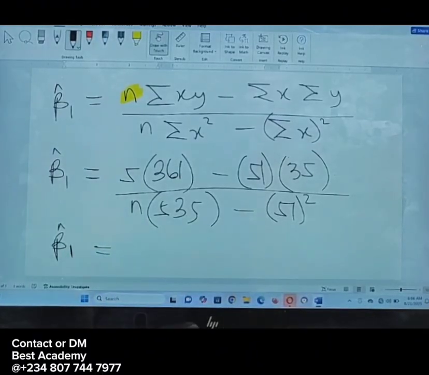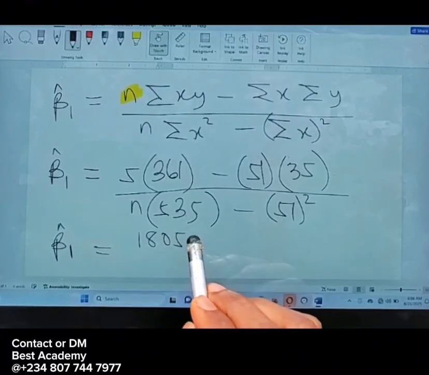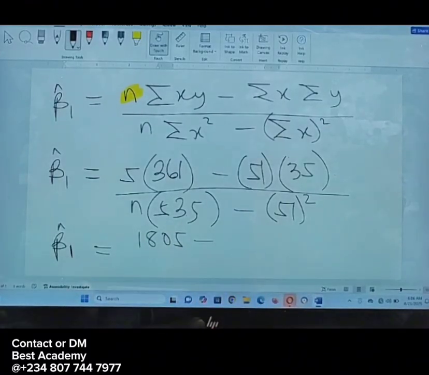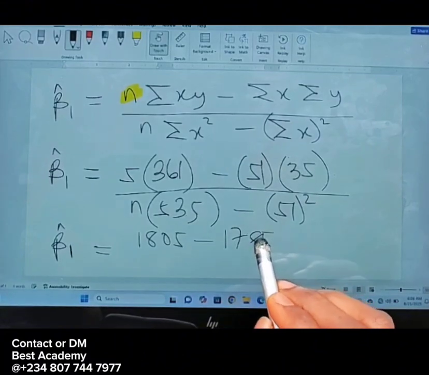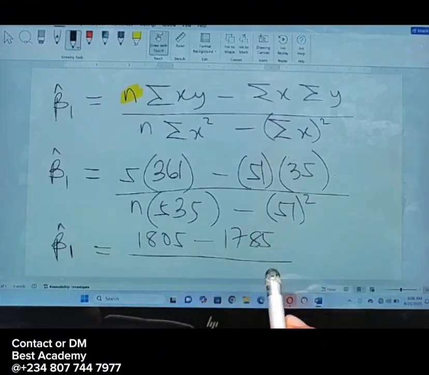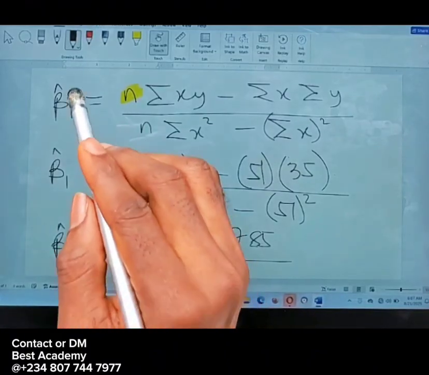Beta 1 hat will be 5 times 361. That is 1805 minus 51 times 35. That is 1785 over 5 times 535.